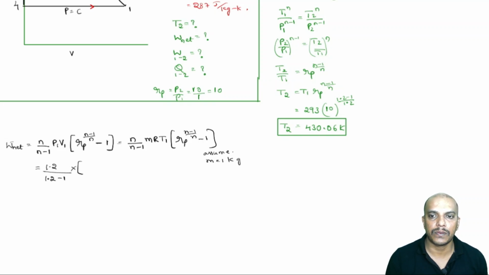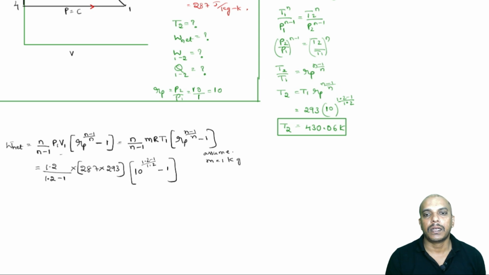Now M is 1, so this is 287 and temperature T1 is 293, in place of P1 V1, and Rp is 10 to the power, 1.2 minus 1 divided by 1.2. This will give us the work in joule per kg, because we have taken mass as 1 kg. So for every kg of working fluid, this will be the amount of work required.